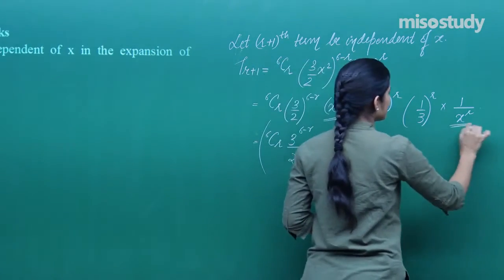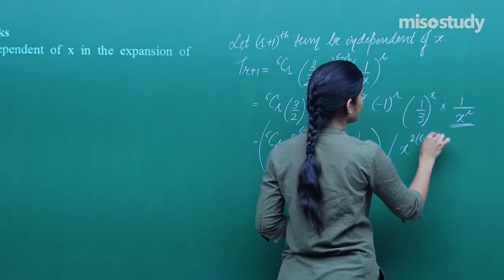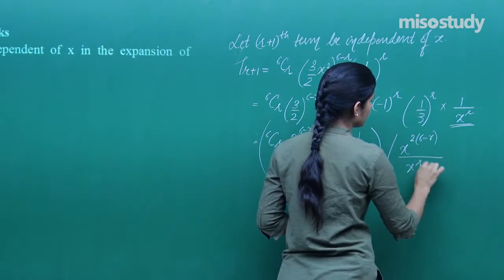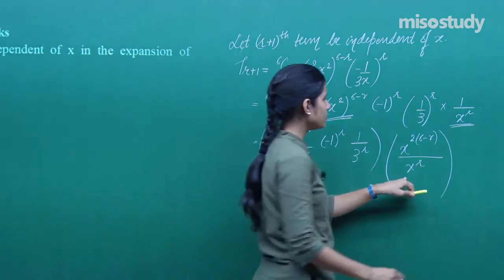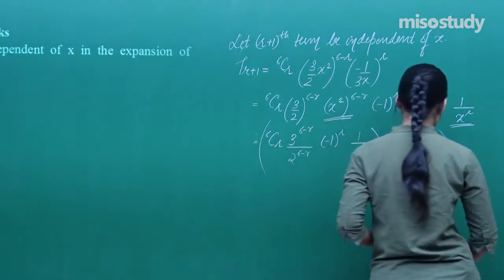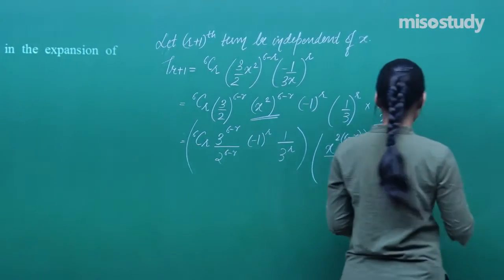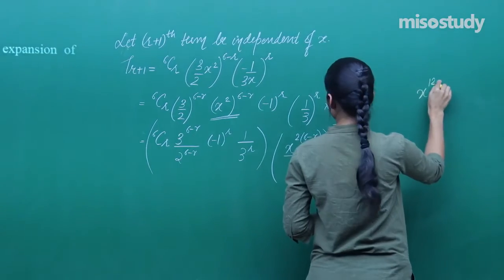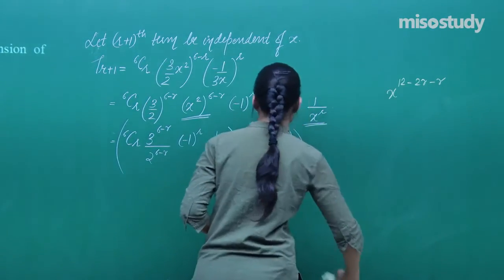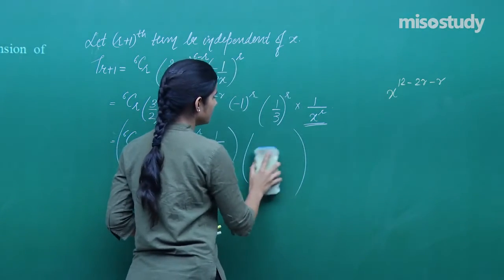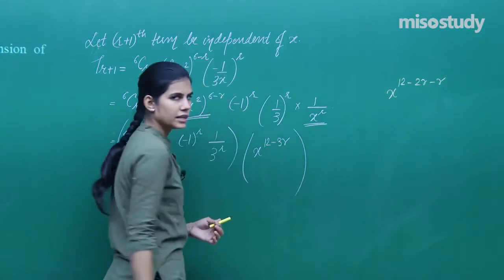This contains x, this contains x. So you have x to the power 2 times 6 minus r upon x to the power r. Eventually when you calculate, you can just calculate separately also. This is x to the power 12 minus 2r minus r, that is 12 minus 3r. So you can directly write x to the power 12 minus 3r.